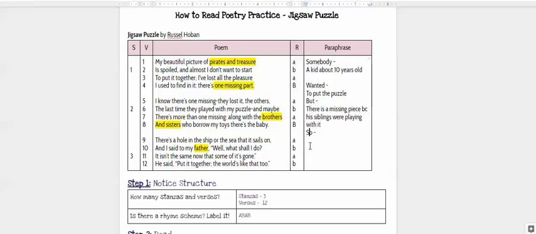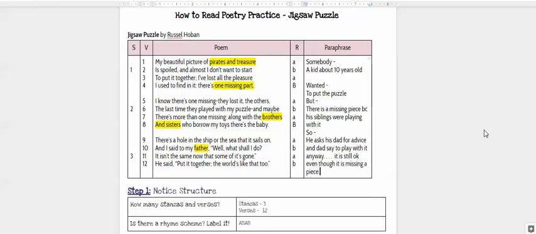So he asks his dad for advice, and dad says to play with it anyway. It is still okay, even though it is missing a piece. Make sense? I think that's more or less what it's about.